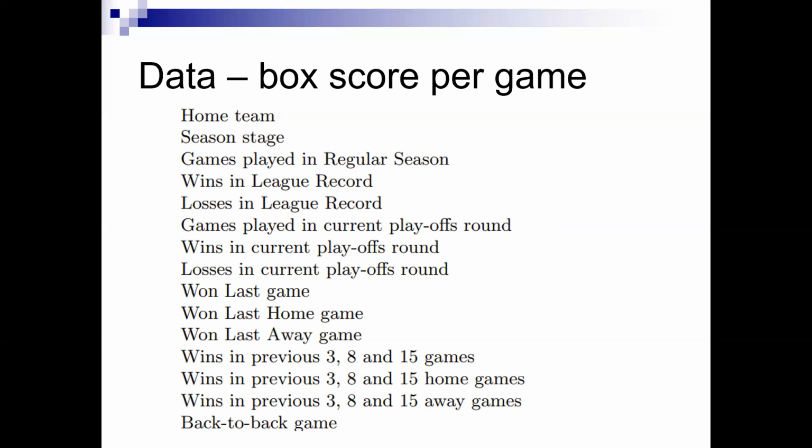And we check these sequences of home and away games because very often the teams have a road tour or they play many games in the sequence at home. Finally, we also look at back-to-back games because it's known that the performance of players usually decreases when playing consecutive games in a short time period.